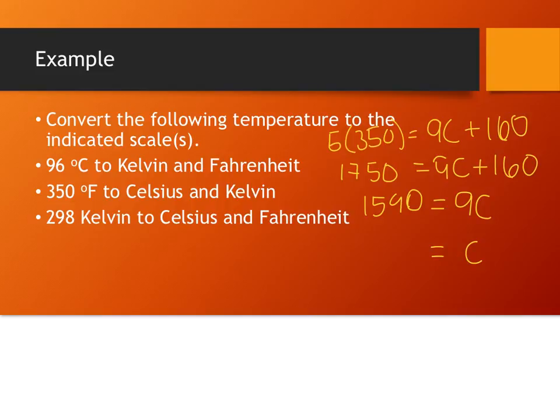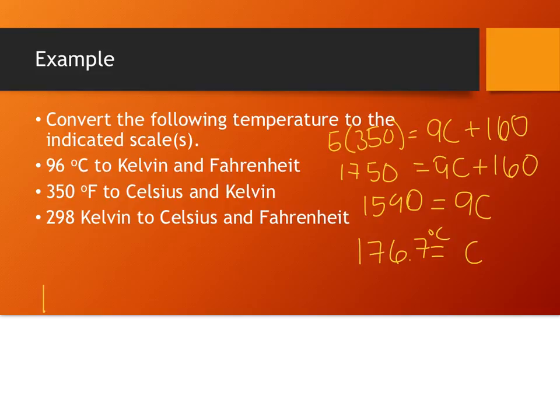And that says our C is equal to 176.7. So that says that 350 degrees Fahrenheit is equal to 176.7 degrees Celsius.